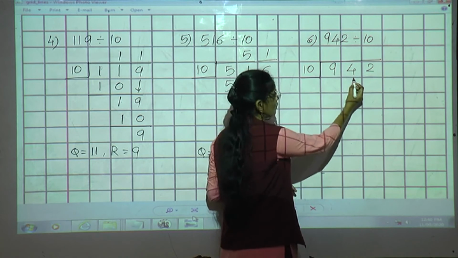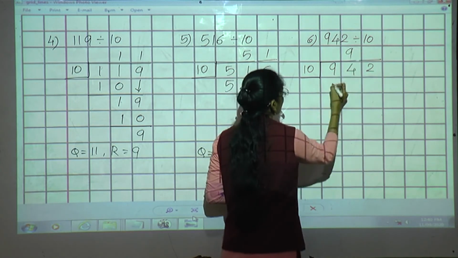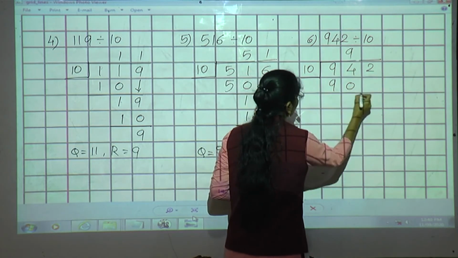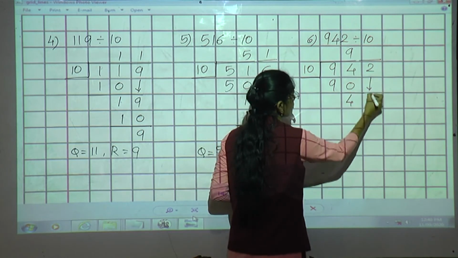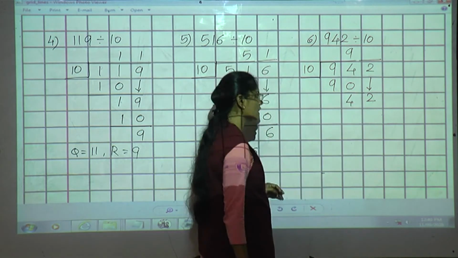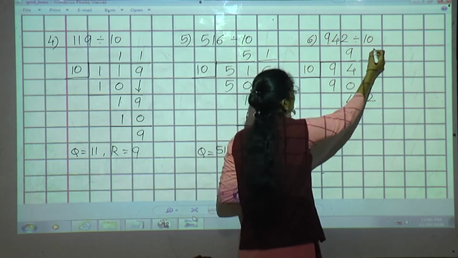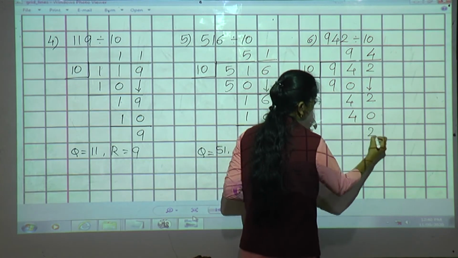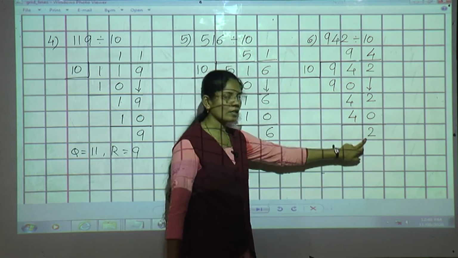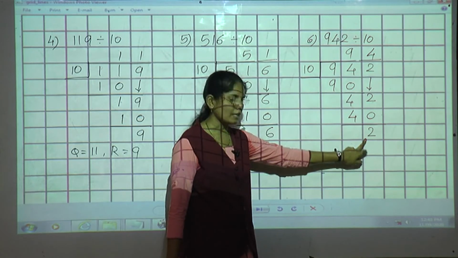So let us check the answer. 10 and here 94 is there. Okay, so 10 9s are 90. Now 94 minus 90. Yes, 4. Then take this 2 down. So here we have 42. Again 10 4s are 40. Now 42 minus 40. Yes, see, we got the answer. Remainder 2. Okay.